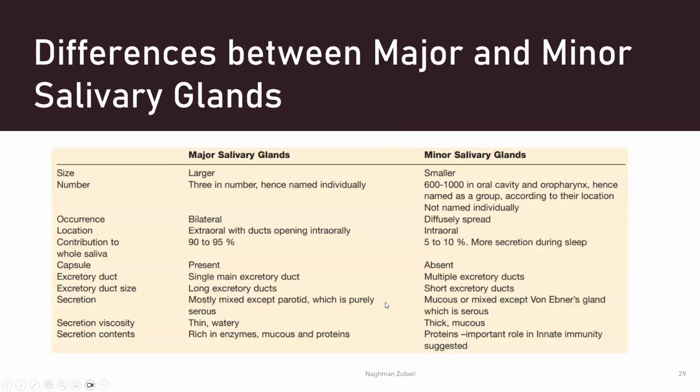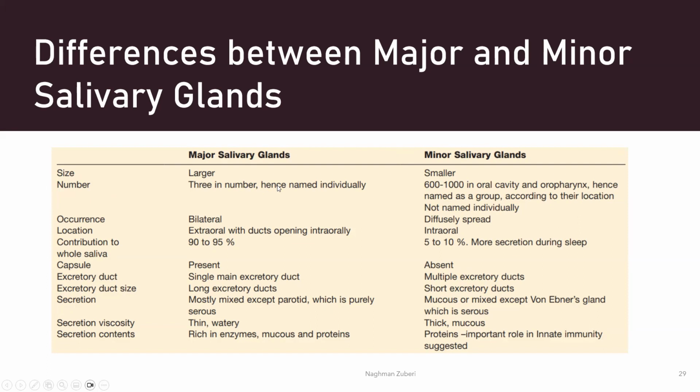Over here, differences between major and minor salivary glands: size, number, occurrence, location, contribution to whole saliva, capsule, excretory duct, size, secretion, viscosity, and secretion contents. Size of the major is, of course, larger, minor smaller.